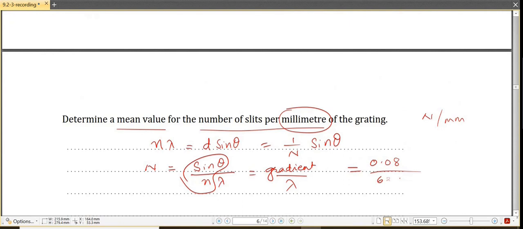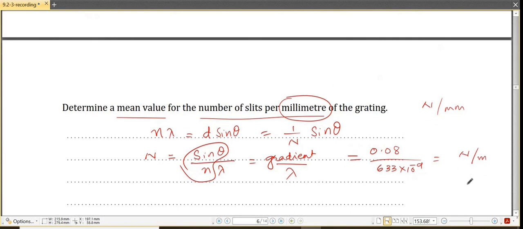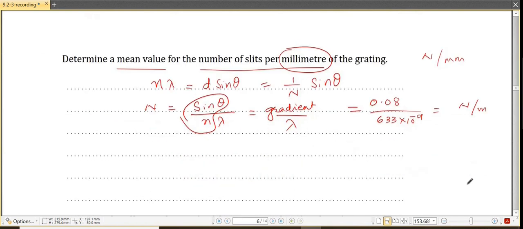So 633 times 10 to the power -9 meter. So when you solve this, you get the number in meters. The question is asking for the number in millimeter, which means you need to divide this answer further by 1,000.